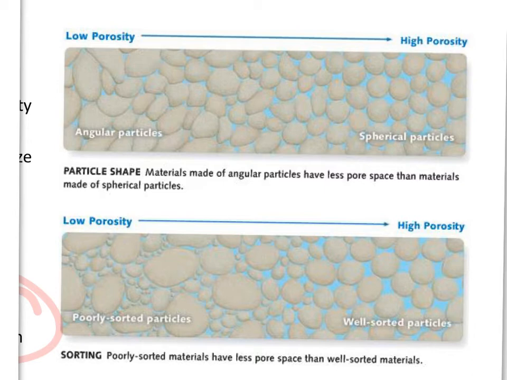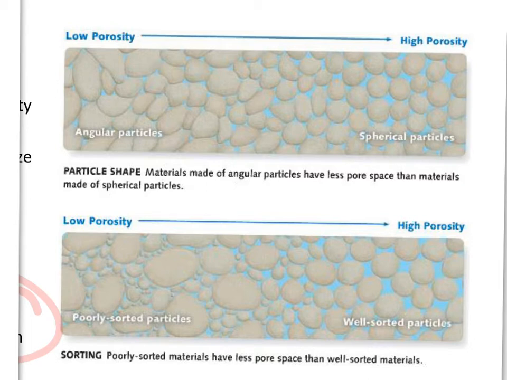On the left, the angular particles, the little sharp points kind of find their way into the other corners and crevices of other rocks, and you see a lot less blue shining through. So the one on the right, high porosity, and as you move to the left, the lower porosity.